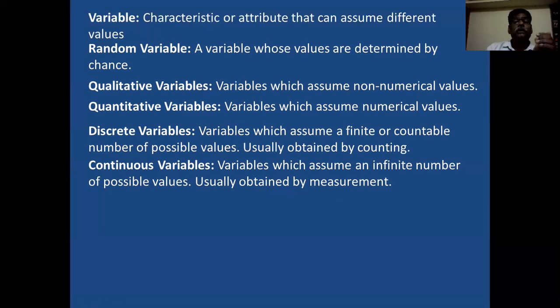What is continuous and what is discrete? It is very important. Continuous means it does not have any definite number of possible values. For example, the height of a human being. I will give you the example.